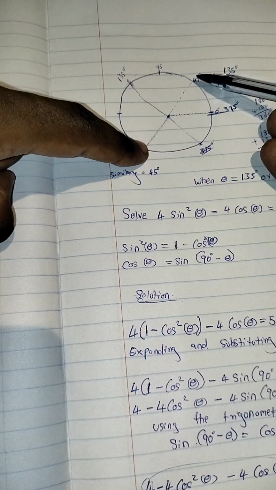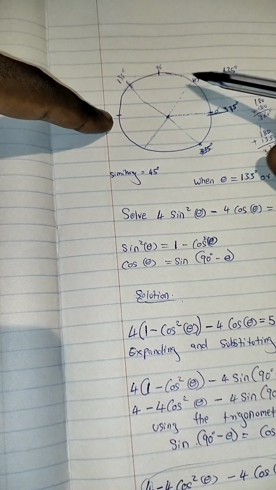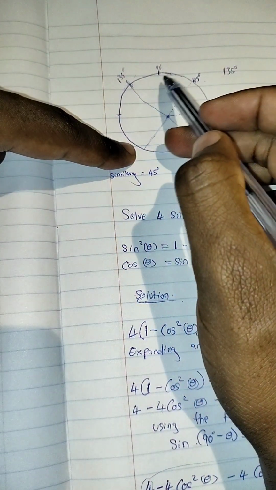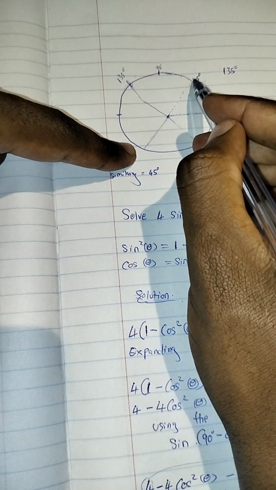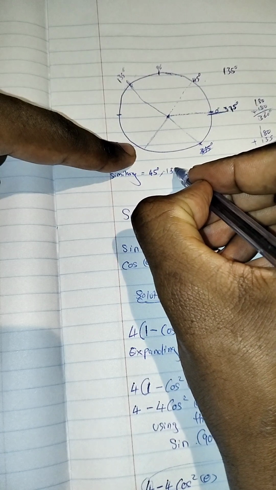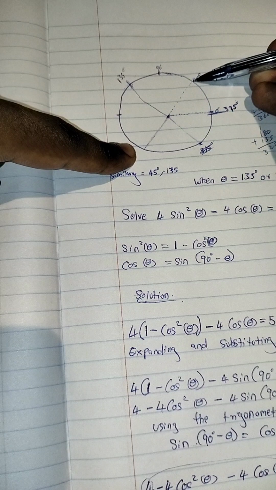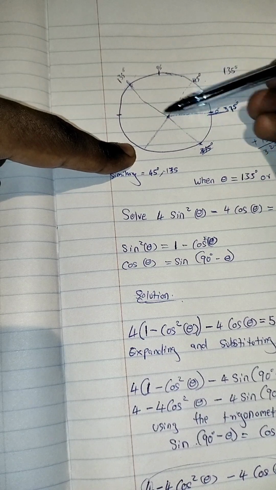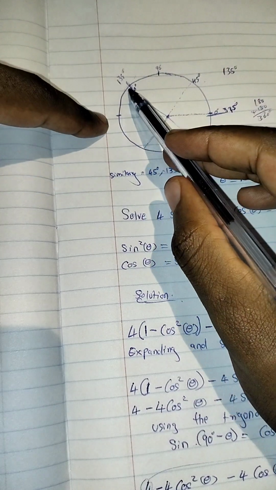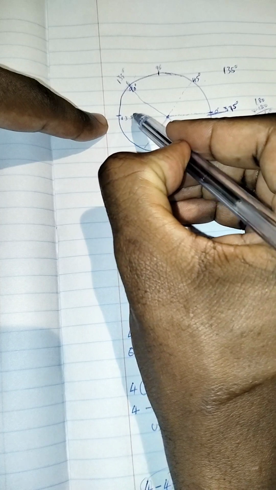Then the other one will shoot all the way to give us this 90, then our 135, because 90 plus 45 is 135, as I've just said. That will be my 45, and then this will be my 90. And from there, it will give us 135. So here's where we'll have our 135 degrees, learner.